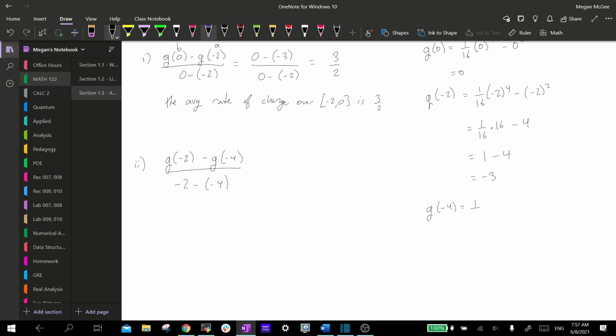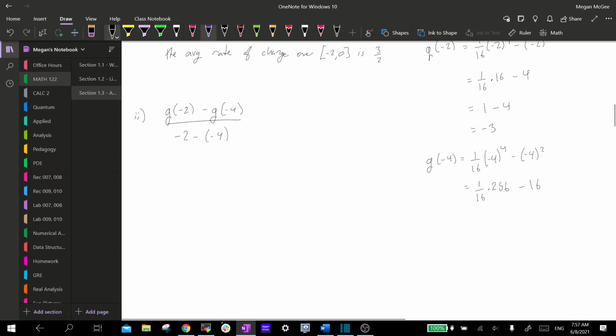Alright, well, we get 1/16 negative 4 to the 4th minus negative 4 squared. Alright, negative 4 to the 4th ends up being 256, so we have 1/16 times 256. Alright, minus 16 over here.